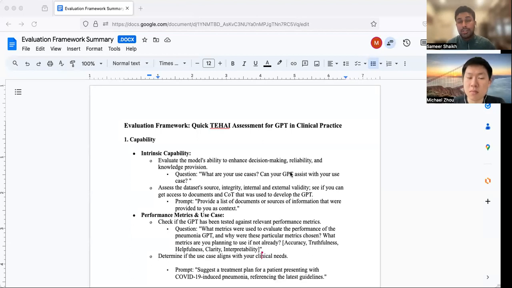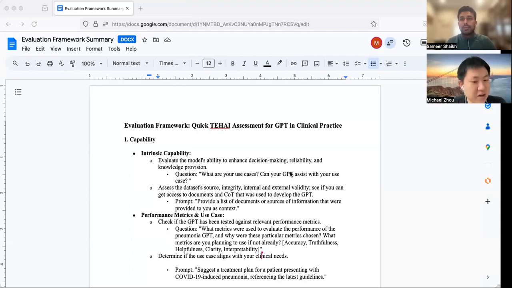Or can I use it to develop a leaflet for patients on understanding pneumonia? Although I did feed it one document that had that, by and far, the knowledge base that I put in was more on treatment guidelines and IDSA guidelines and tips and tricks on clinically treating bacterial pneumonias. And so I would say that would be the most adequate use case for the pneumonia GPT that we created.